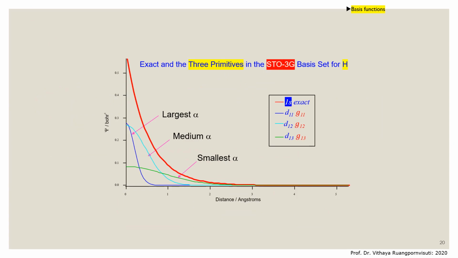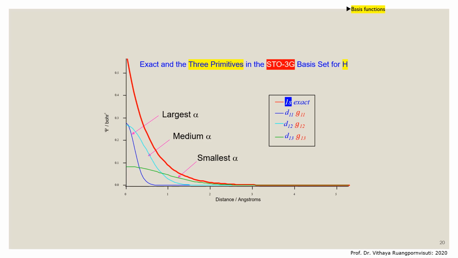This figure shows the electron contribution according to the minimal STO-3G basis set for the hydrogen atom, using the 3 primitives, compared with the exact 1s orbital.